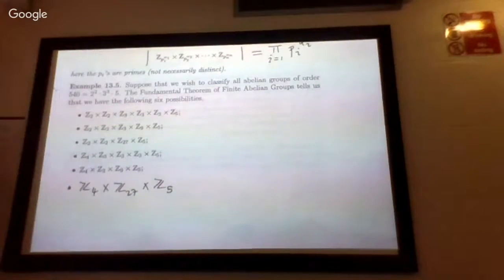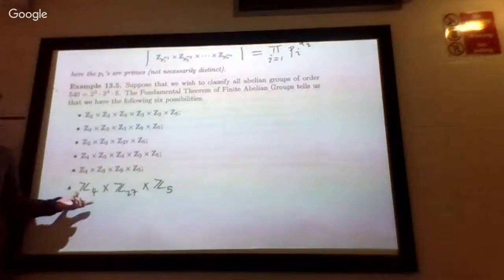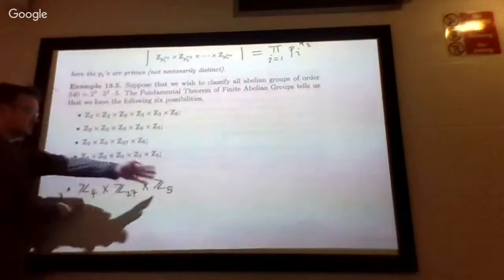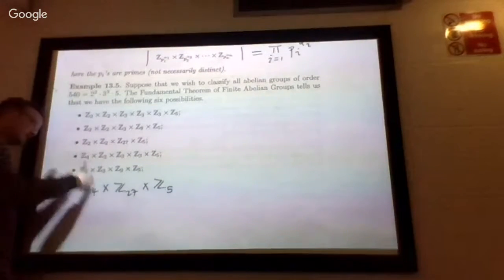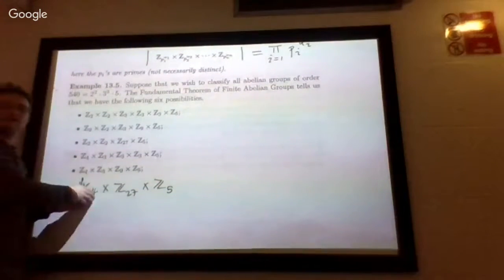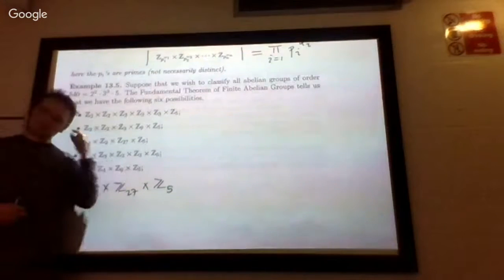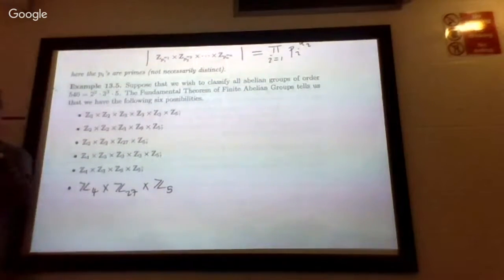Now, you could write down, strictly speaking, a different group in a kind of trivial way, a different group, but not a different isomorphism class. For instance, let's look at this one down at the bottom. We could choose to swap the positions of Z4 and Z5. We could make the first entry in the direct product Z5 and the last entry Z4. It'd be a different group.